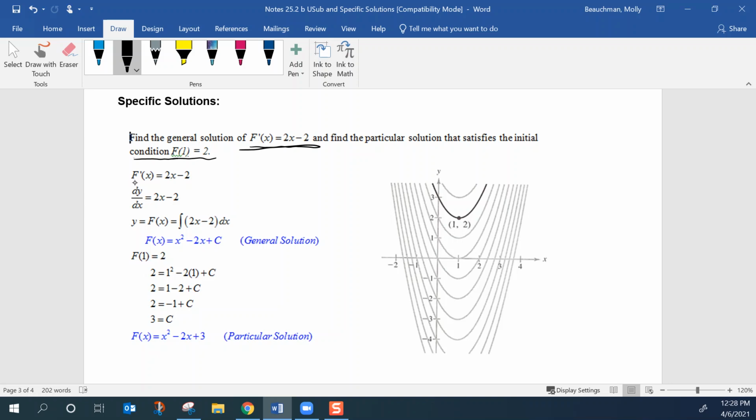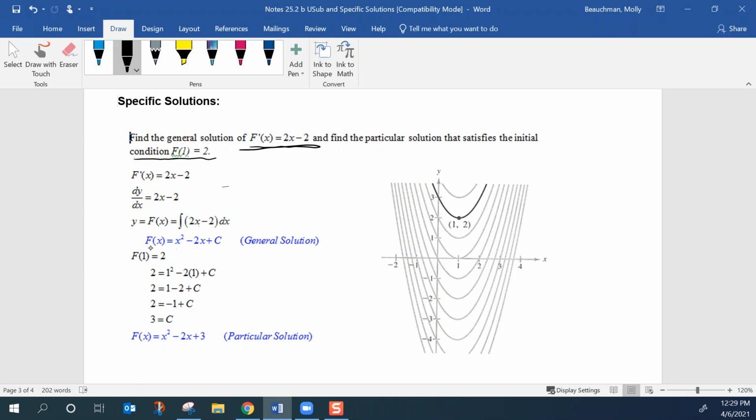So if we're given the derivative, f prime or dy dx is equal to 2x minus 2, then take the integral to find y, which is equal to the integral of 2x minus 2 dx. When we take the integral of 2x, we get x squared. The integral of negative 2 is negative 2x plus c.